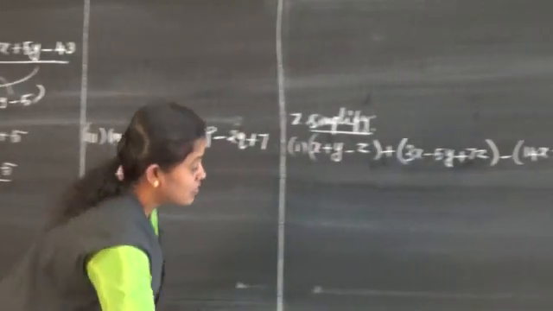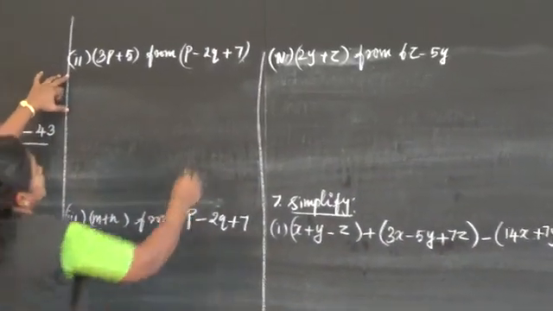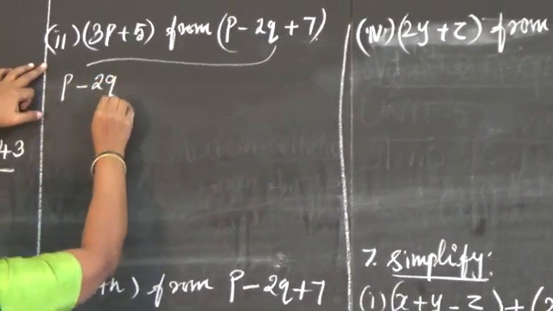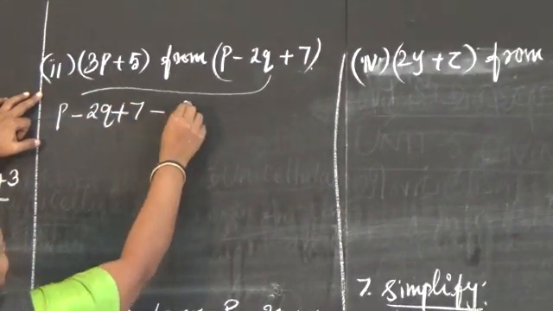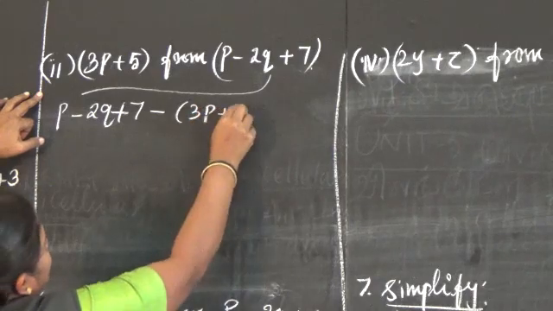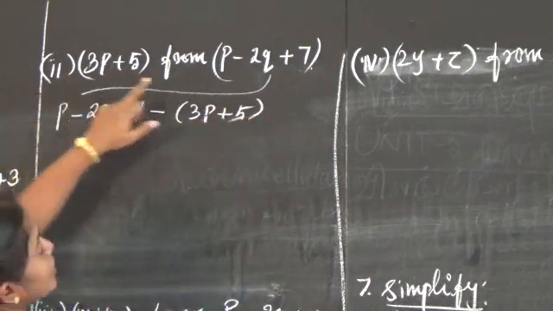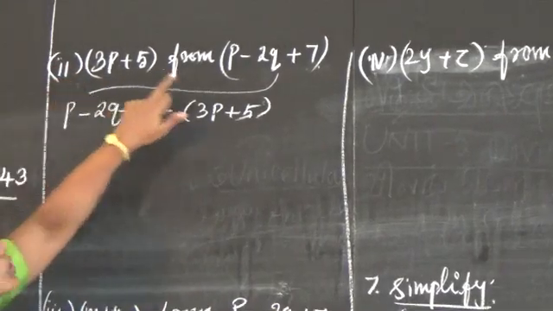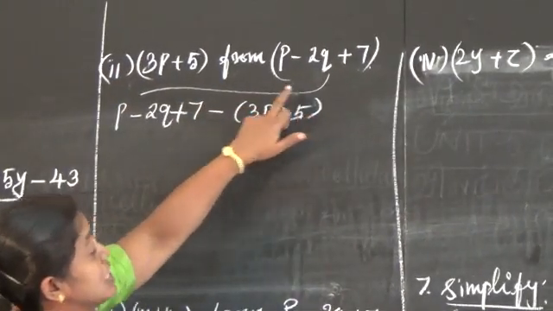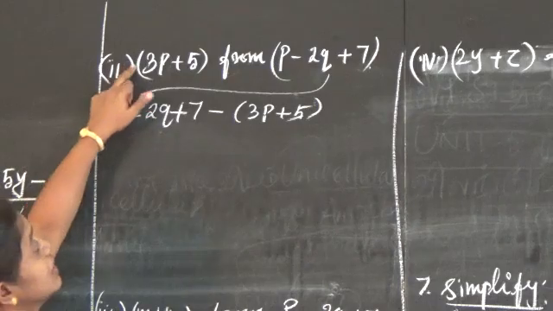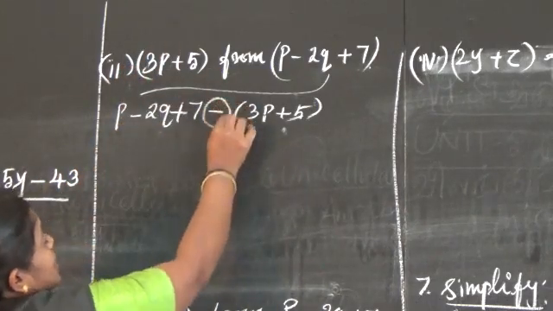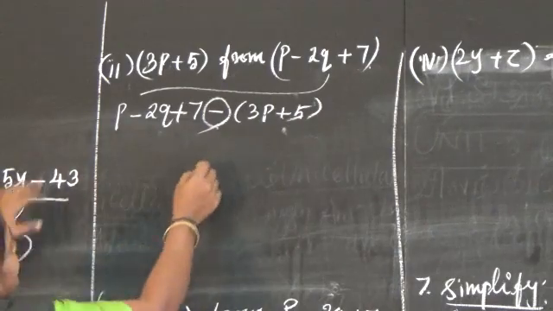Now likewise we will do the second option also. First you write this one, p minus 2q plus 7, minus of 3p plus 5, because from this expression only we are subtracting the other expression. So you should write p minus 2q plus 7 first, then write 3p plus 5. Don't forget to keep the minus sign, because we are subtracting here.